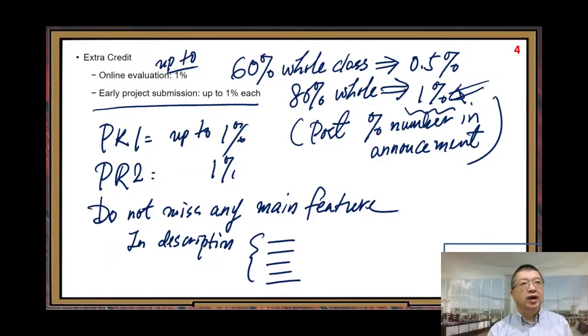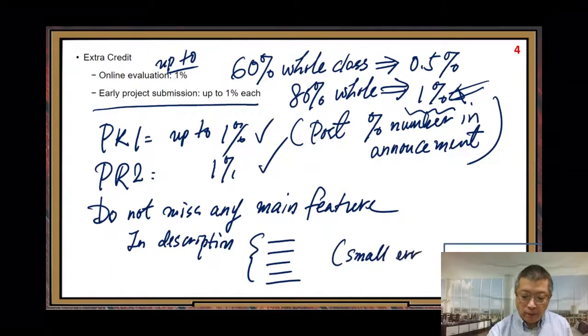In those features, you may have some small errors. If you have just some small errors, it's okay. You are qualified for extra credit. Small errors means it's not perfect, but not a big error.